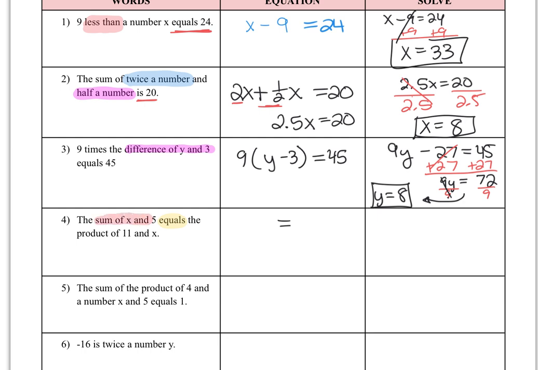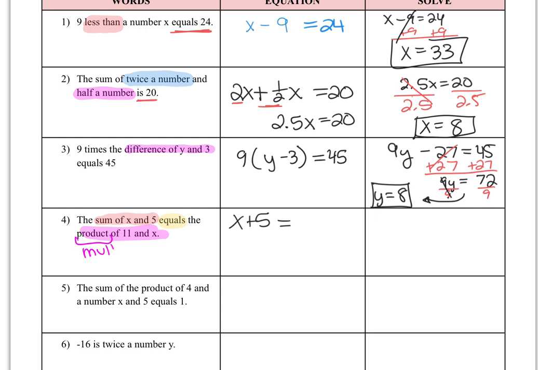The sum of x and 5. You guys told me the sum meant what operation? Addition. So we can write x plus 5. Then I run into the equals, which in the word I also run into. And then it says the product of 11 and x. What does product mean? Multiplication, okay?